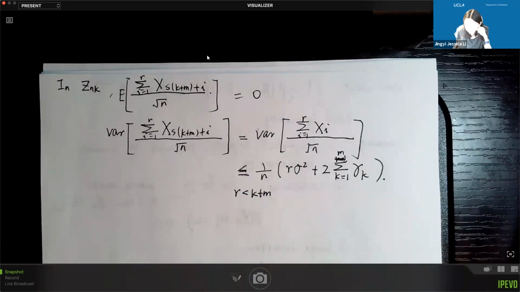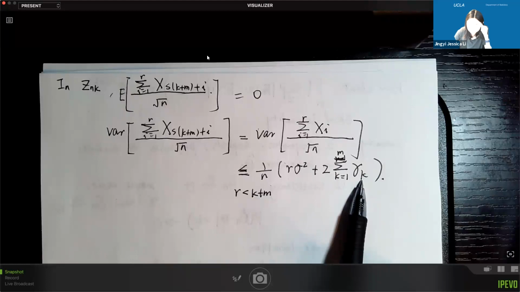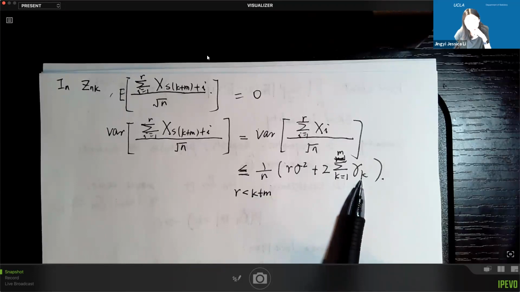Then what I can say is, for each of them, k plus m sigma squared.